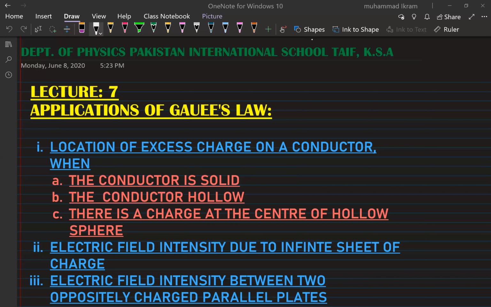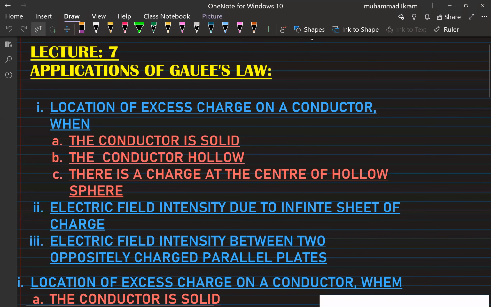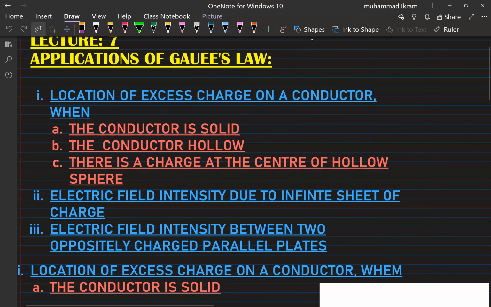So the first point is the location of excess charge on a conductor. When the conductor is solid, when the conductor is hollow, and if there is a charge at the center of the hollow sphere or hollow conductor, then what will be the result?